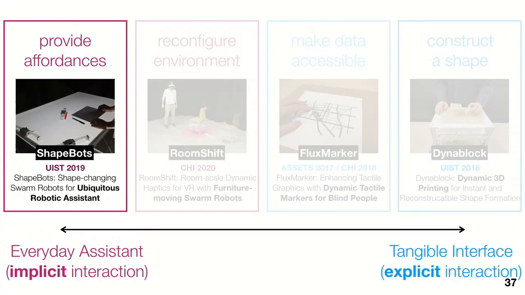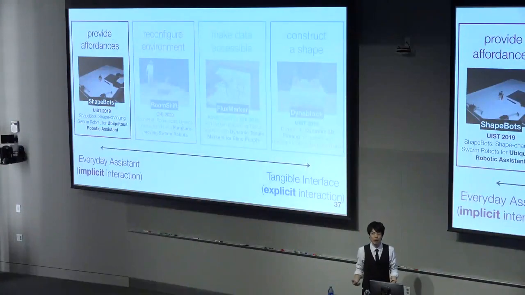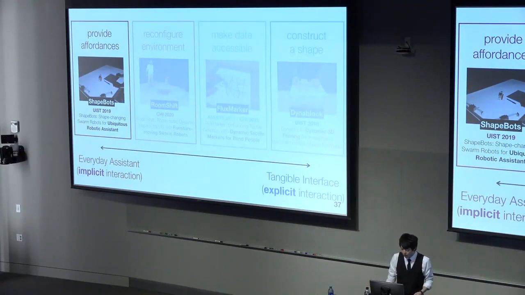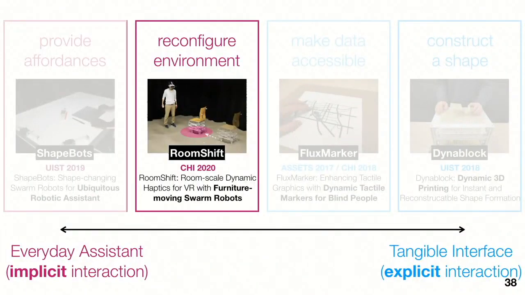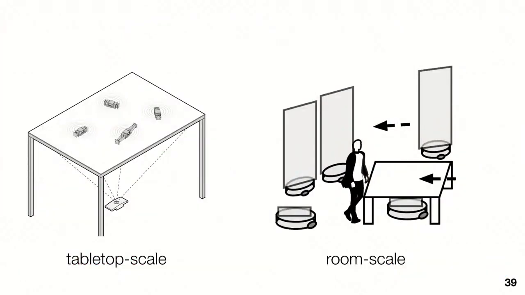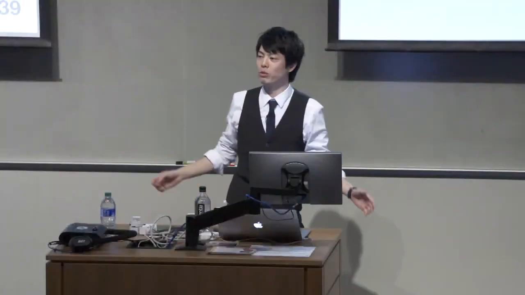These swarm robots can deploy and blend into the environment so that they can naturally augment our existing environment. But we are also interested in how we can move not only on the tabletop, but also scale up to a larger scale, not only to reconfigure objects within the tabletop, but to deal with large objects in a space like this.